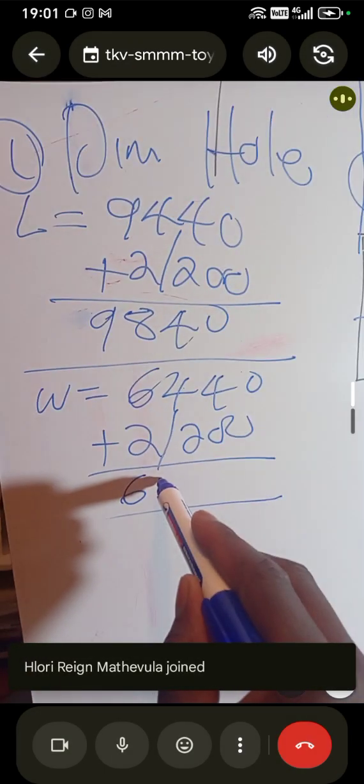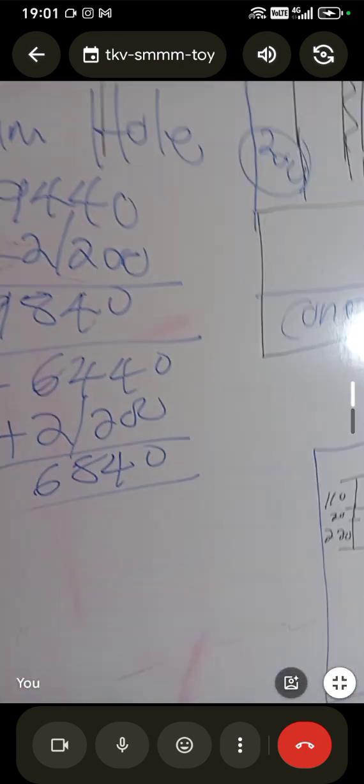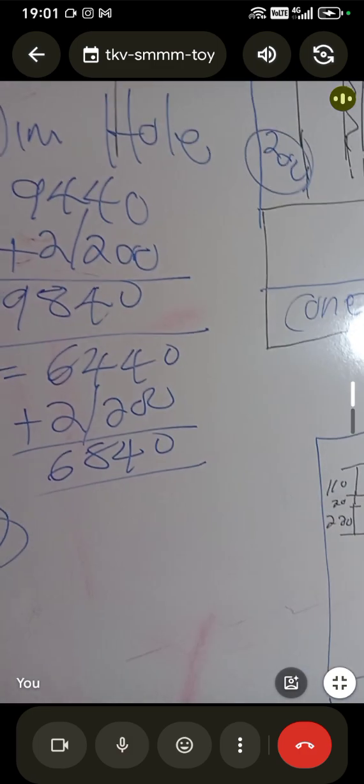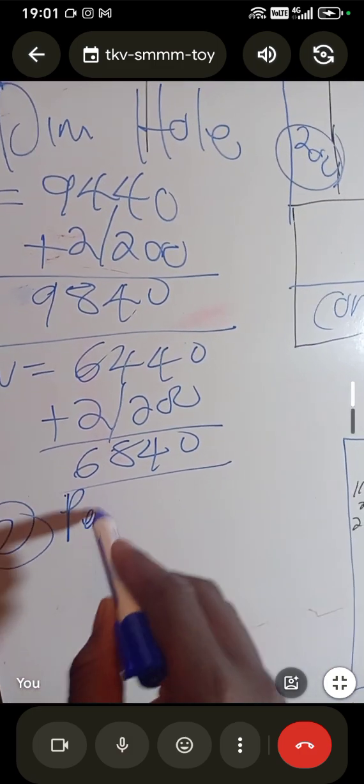Good. And you know that you need to calculate the perimeter. The perimeter. External perimeter or perimeter of the hole? Yes.